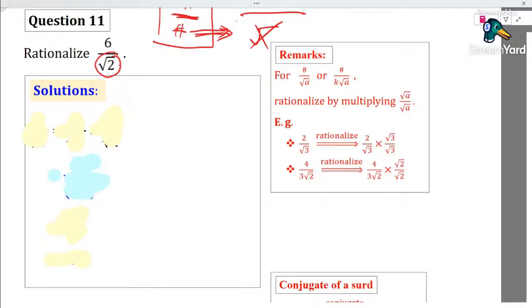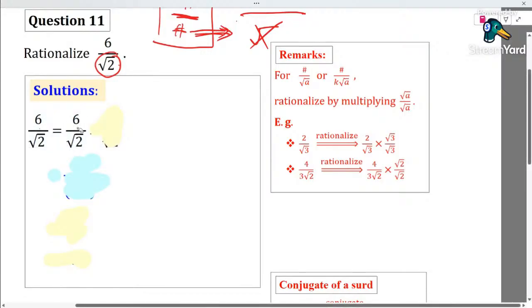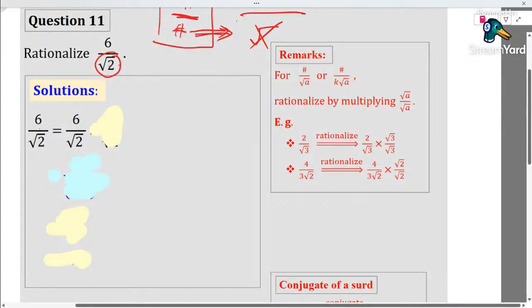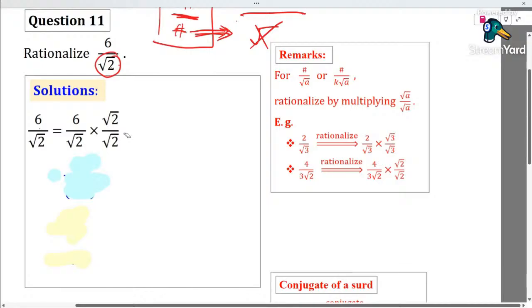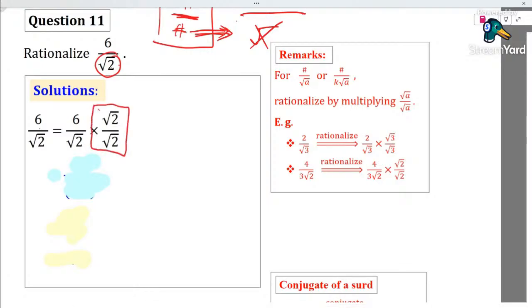So if there is only a square root term, how we get rid of this square root mathematically is this: we copy this term back, and multiply it with the square root on top and bottom in this way here. And for information, how come this thing suddenly appears and can be multiplied, and it's still valid for the answer?